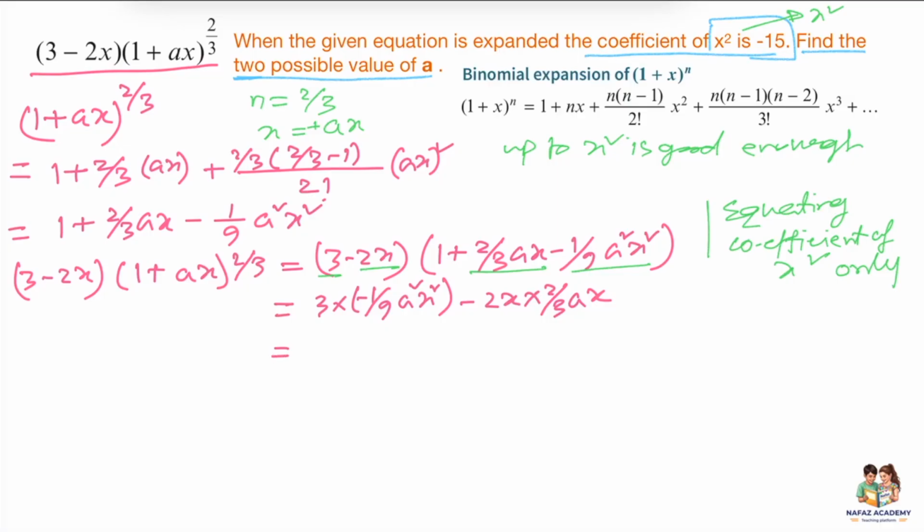What is the calculated result? I'm using the calculator: it is minus 1 over 3 a squared x squared, and minus 4 over 3 a x squared.